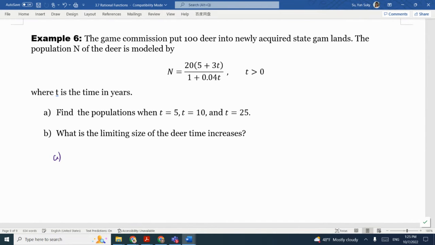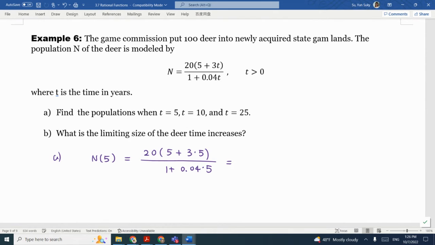All right, so part A, we plug in t equals 5, right? That means whenever you see t, we replace t with 5. So t is 5: 1 plus 0.04 times 5. Is that okay, everybody? So you plug this in your calculator.